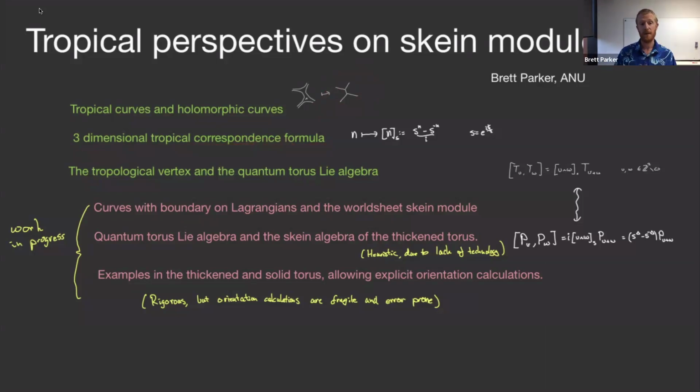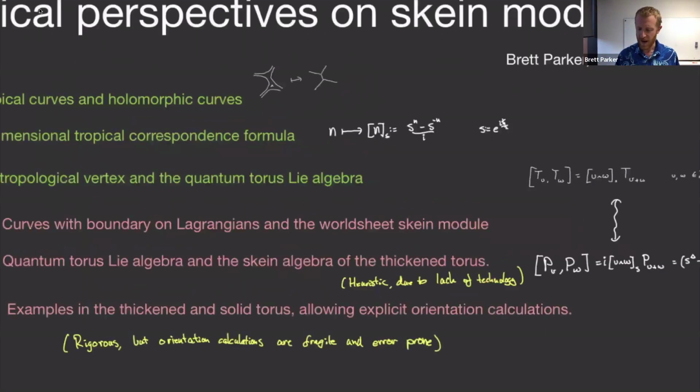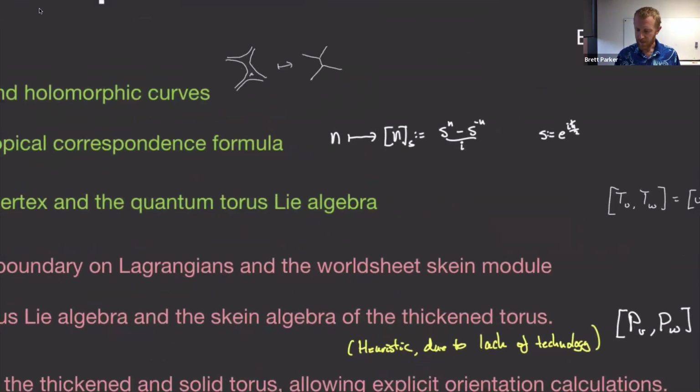So counting in three complex dimensions, counting three real dimensional tropical curves gives you Gromov-Witten invariants, which count holomorphic curves. And this correspondence formula involves like a quantum deformation of n. So instead of n, I'll have s to the n minus s to the minus n divided by i, where s is e to the i h bar over 2. H bar is like a string coupling constant, and it records like genus of holomorphic curves.